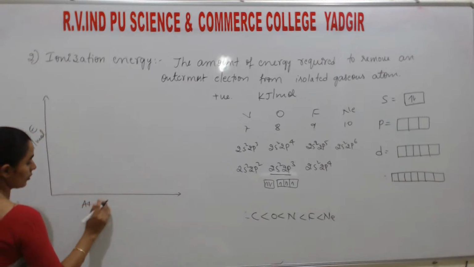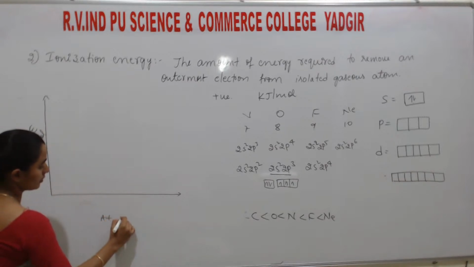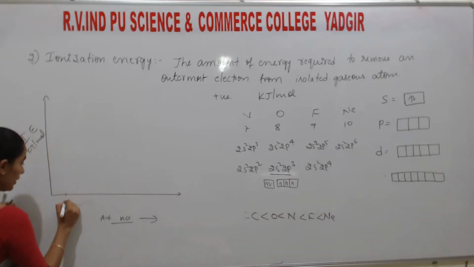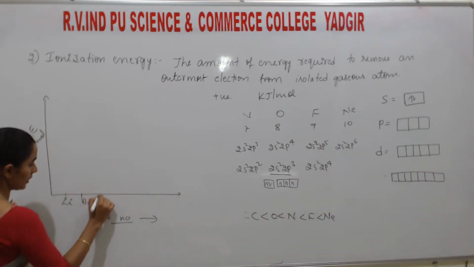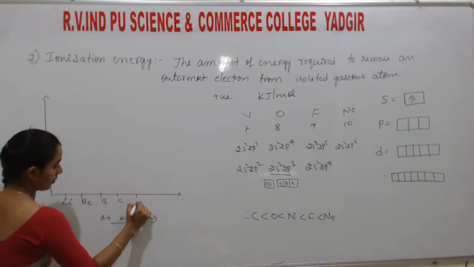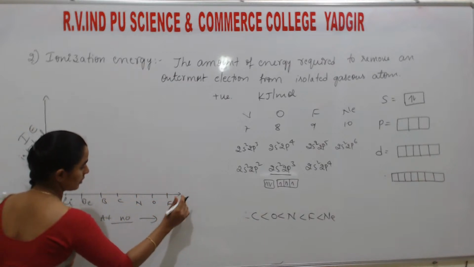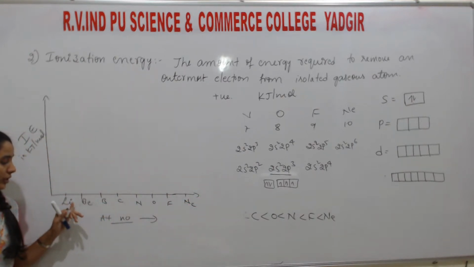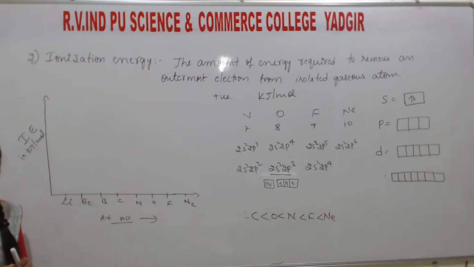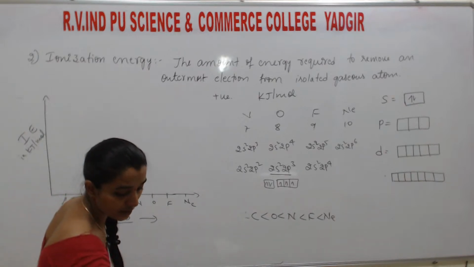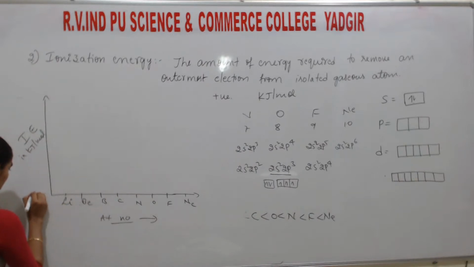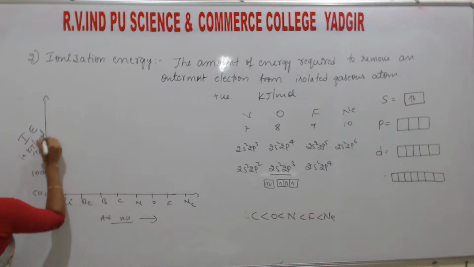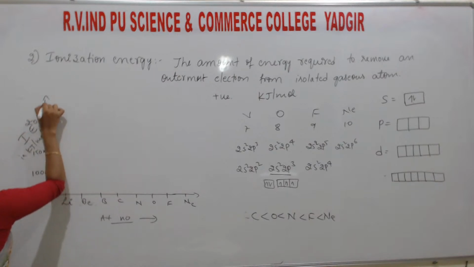This is atomic number. Here I take lithium, beryllium, boron, carbon, nitrogen, oxygen, fluorine, neon, like 3, 4, 5, 6, 7, 8. Then I take the energies like 500, 1000, 1500, 2000 and 2500.